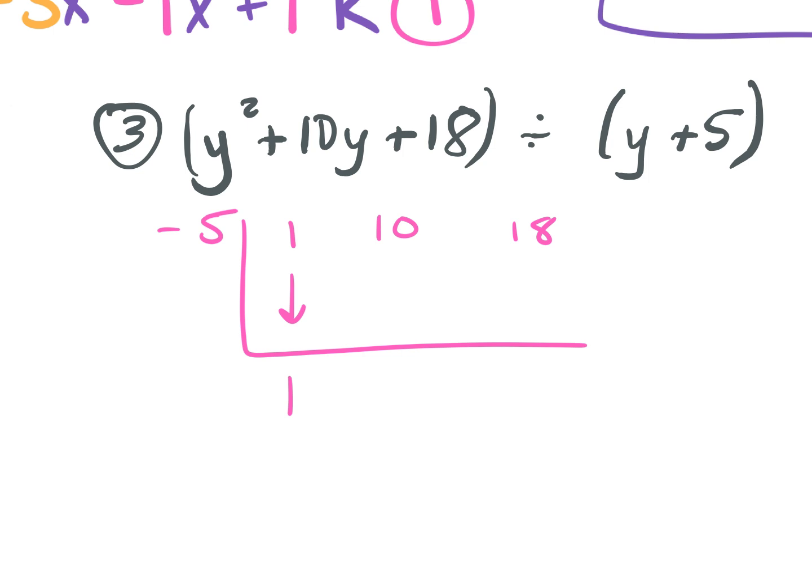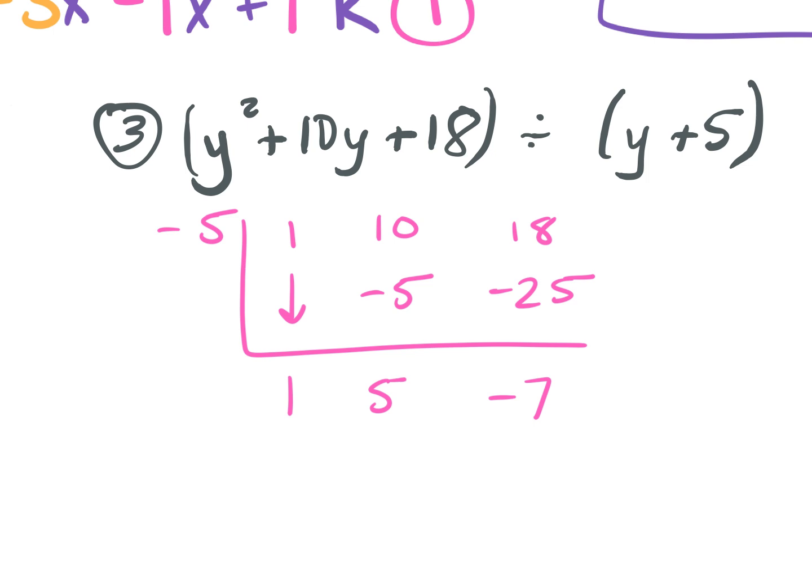Multiply. -5 times 1, -5. -5 plus 10, positive 5. 5 times -5, -25 plus 18, -7. Awesome.